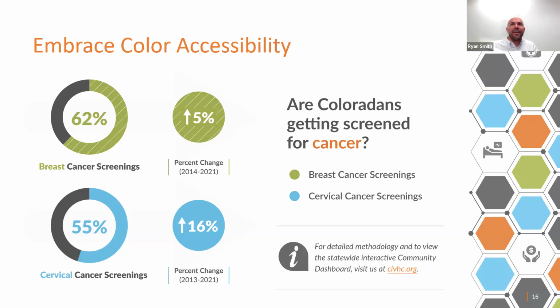In this case, we've done the simple touch of diagonal lines going across the top part of the graphic. So somebody looking at this that has a visual impairment and can't differentiate between the colors can identify that one set is marked this way and the other is not, and that's how they'll be able to differentiate it.